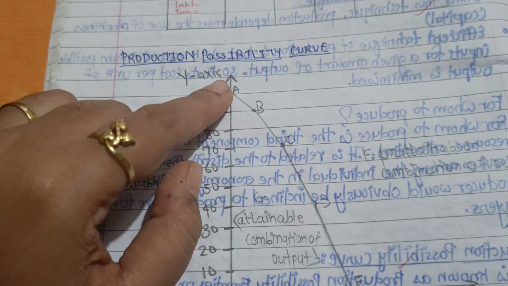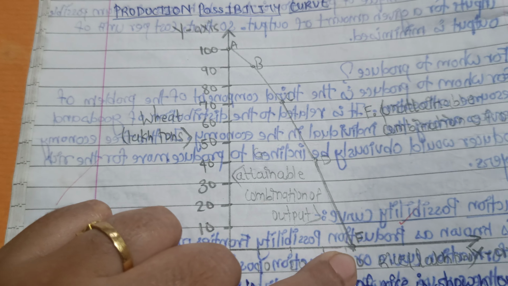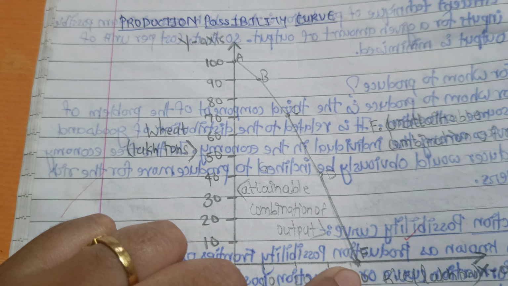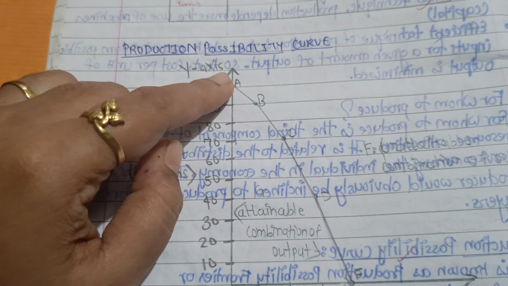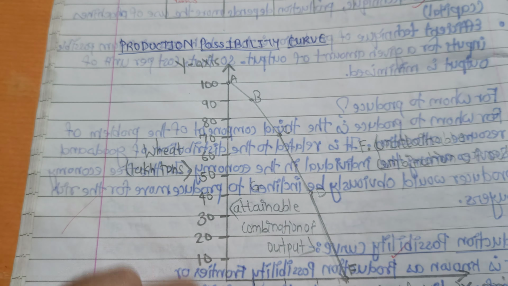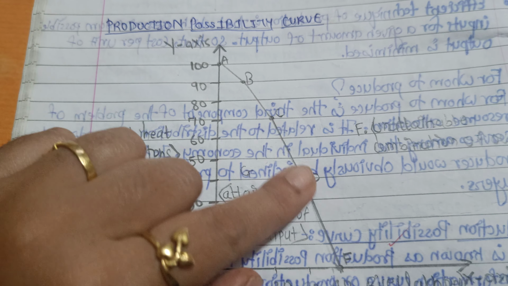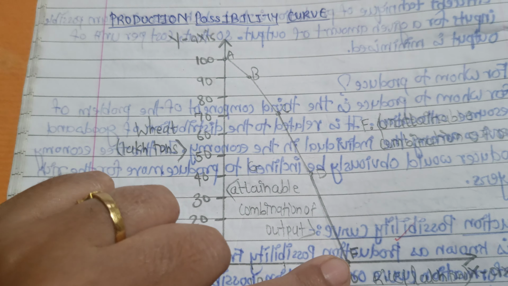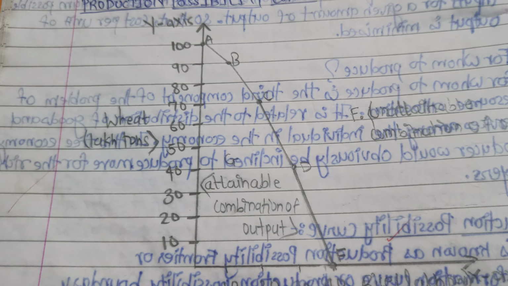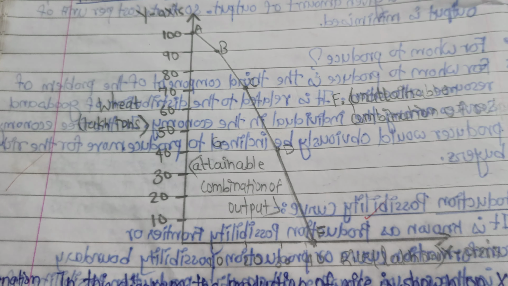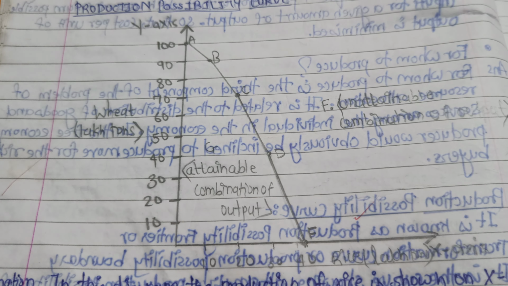Any point on this curve is an attainable combination. So curve AE is the production possibility curve. After joining all the points, we get this AE curve. This is also known as transformation curve.